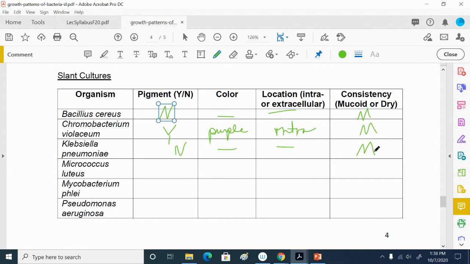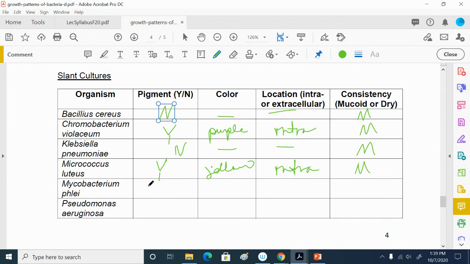Micrococcus luteus. Was there pigment? Yes, it was yellow. That's a Y. Where was the pigment? Intracellular. And mucoid or dry? Mucoid. Mycobacterium phlei, I just showed you a picture on the internet.